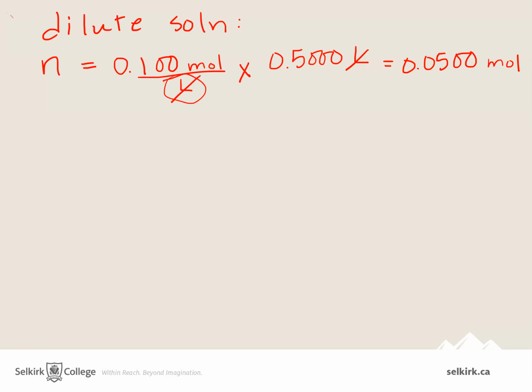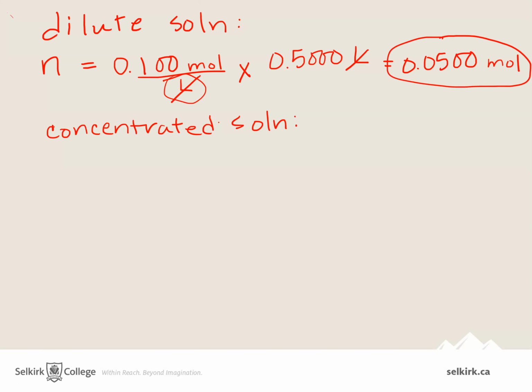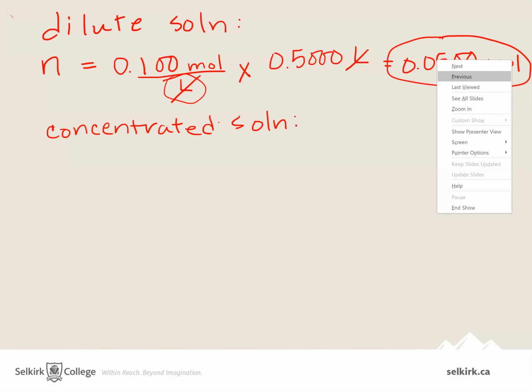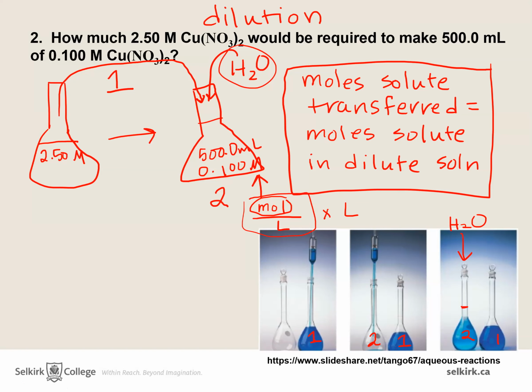All right, so now we're ready to look at the more concentrated original solution. The moles that end up in the dilute solution is the same as the number of moles I transferred from the concentrated solution. And what do I want to know about the concentrated solution? I want to know how much or what volume I would have to transfer.